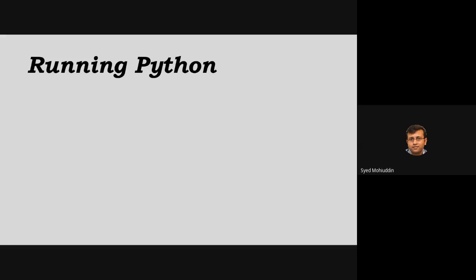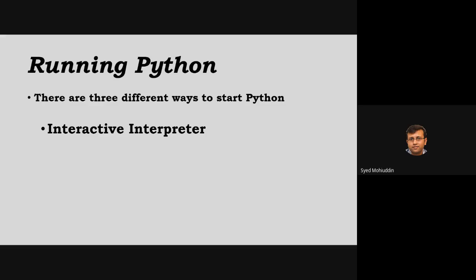There are three different ways to run Python programs. The first way is to use the interactive interpreter. This is just like a command prompt where we can start typing Python statements on the terminal itself. Since it is an interpreted language, each statement you type and enter will be executed. The second way is running the script itself.